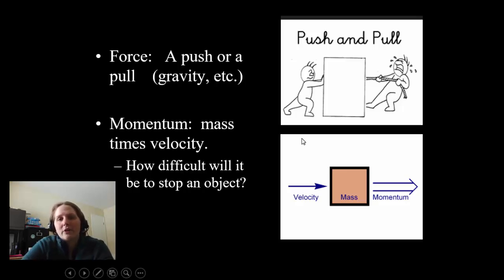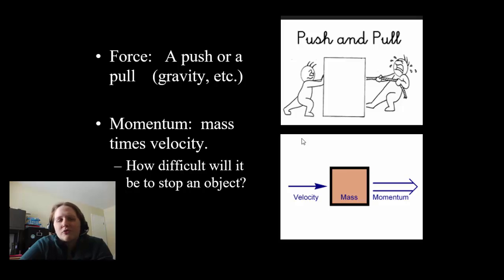Right. A force is a push or a pull. You can push with your hand, you can pull with your hand. Magnetism can push and pull another magnet. Gravity happens to only do the pull. So gravity tries to pull all mass towards all other mass.